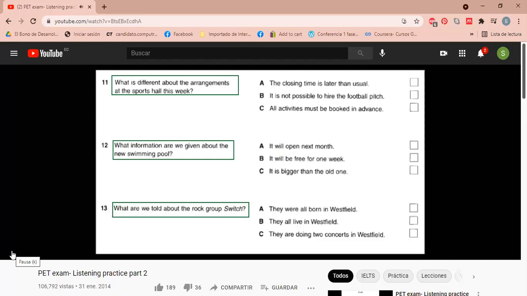Not quite such good news, I'm afraid. We'd hoped to tell you that the new swimming pool would be ready, but it's not. It will open, however, before the end of this month. That's about a week later than planned. But good news now, there will be no charge for swimmers for the whole of the first week that it's open. Oh, it's the same size as the old one, but has much better facilities.